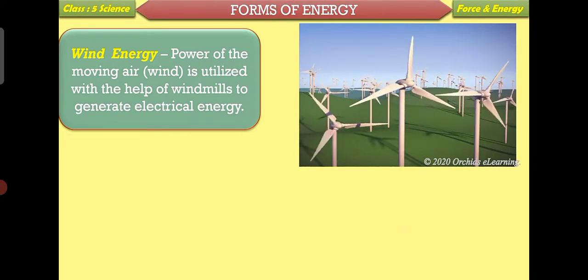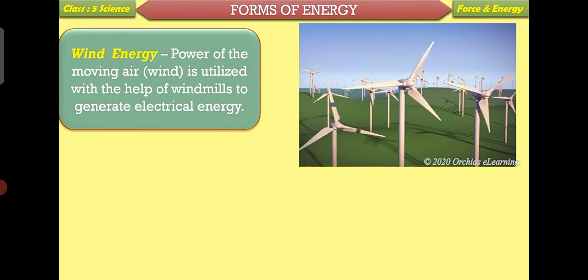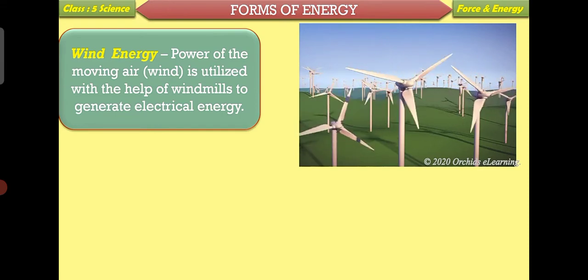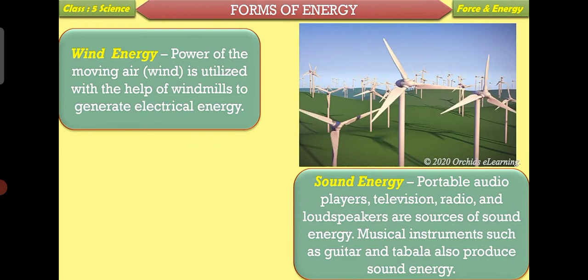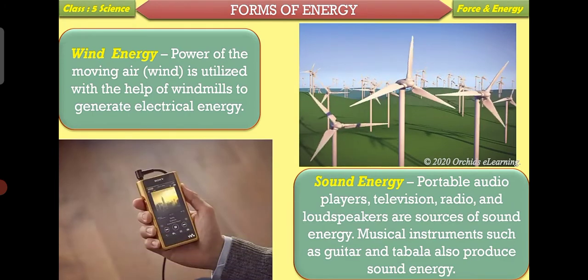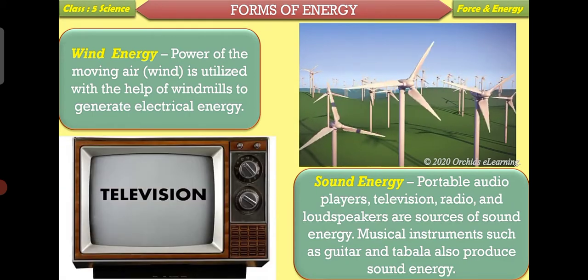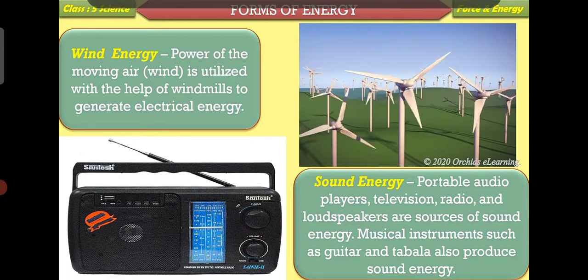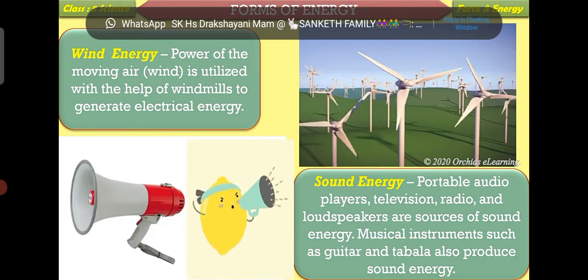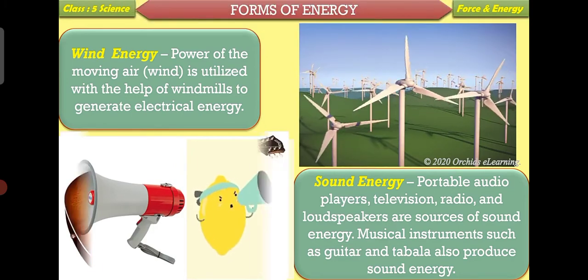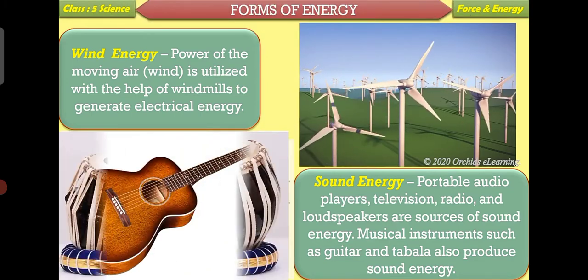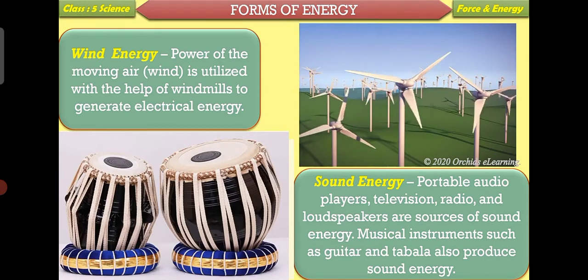The power of the moving air, wind, is utilized with the help of windmills to generate electrical energy. Sound energy. Portable audio players, television, radio, and loudspeakers are sources of sound energy. Musical instruments such as guitar and tabla also produce sound energy.